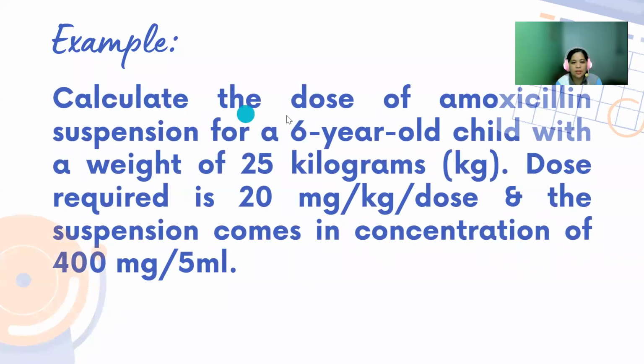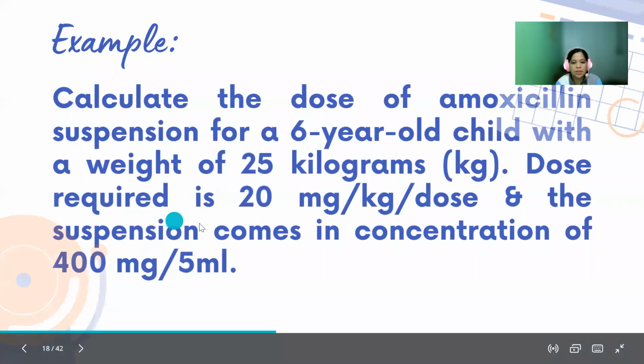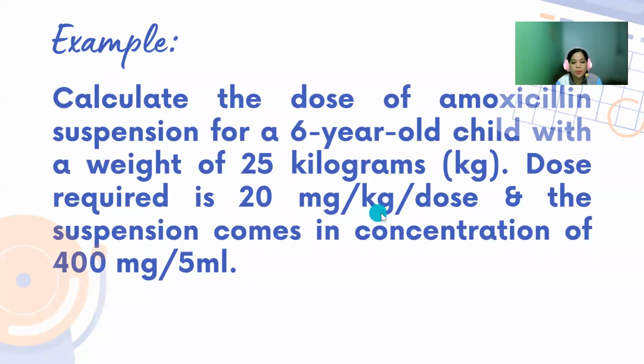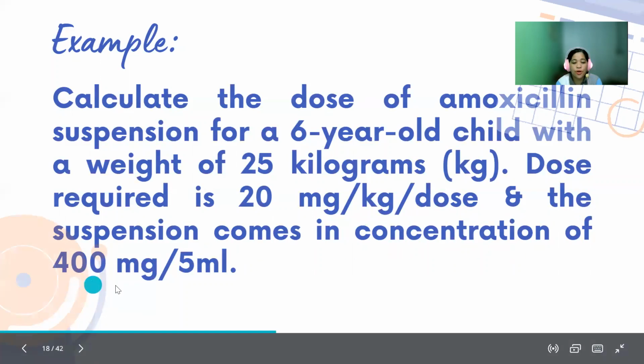Example, calculate the dose of amoxicillin suspension for a 6-year-old child with a weight of 25 kilograms. Dose required is 20 milligrams per kilogram per dose, and the suspension comes in a concentration of 400 milligrams per 5 ml.